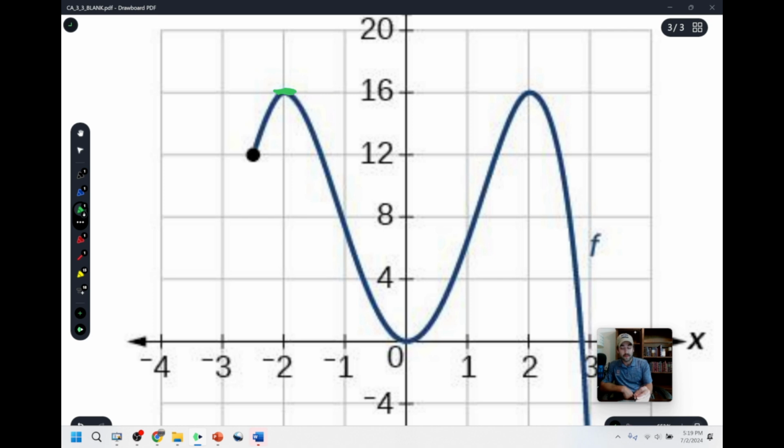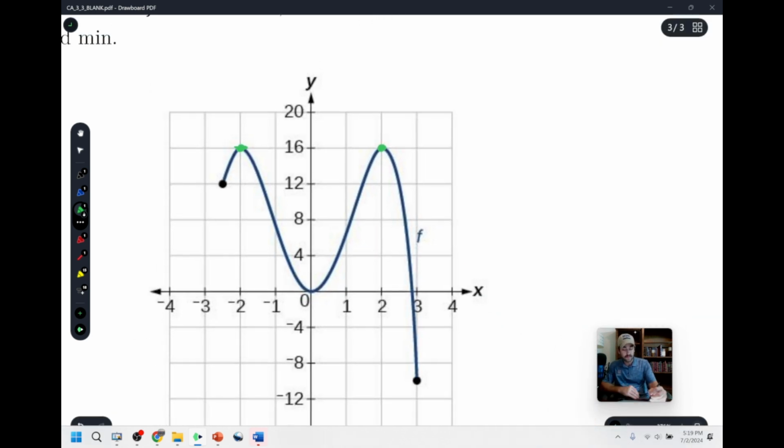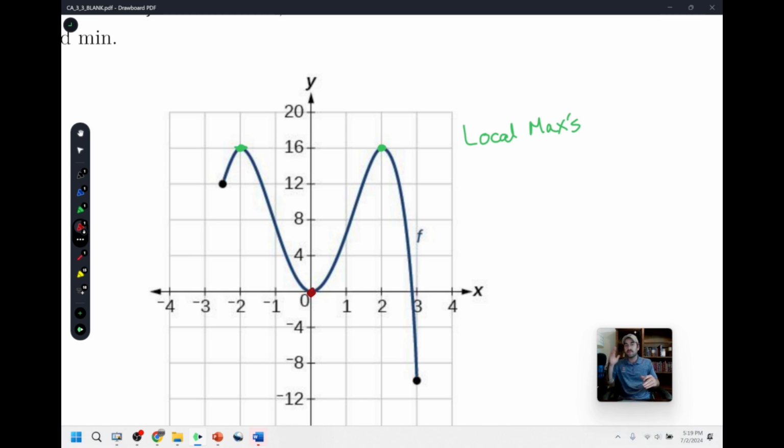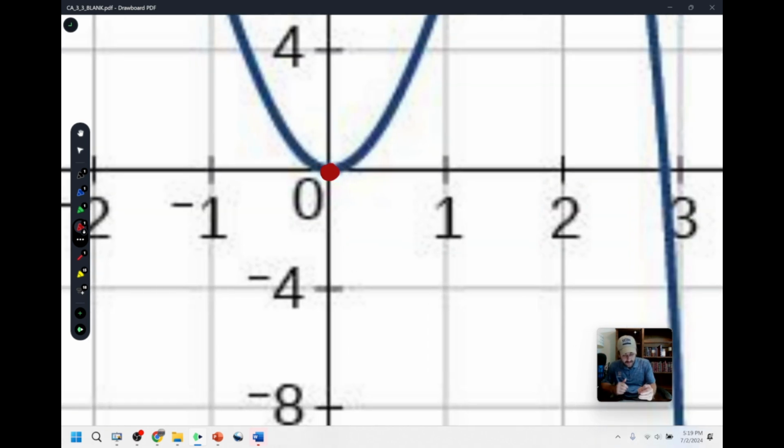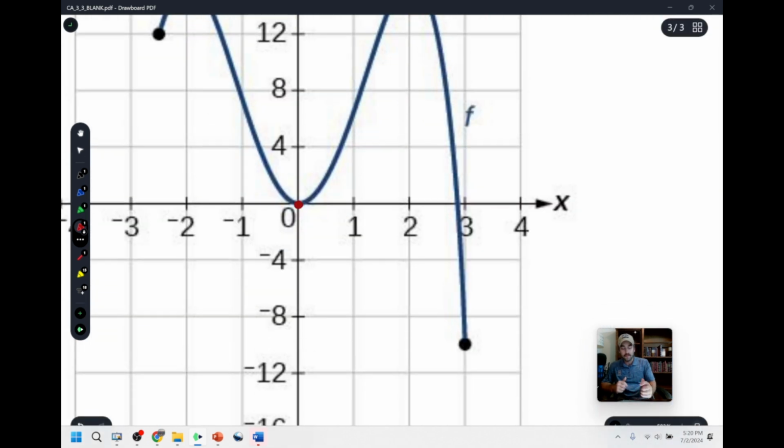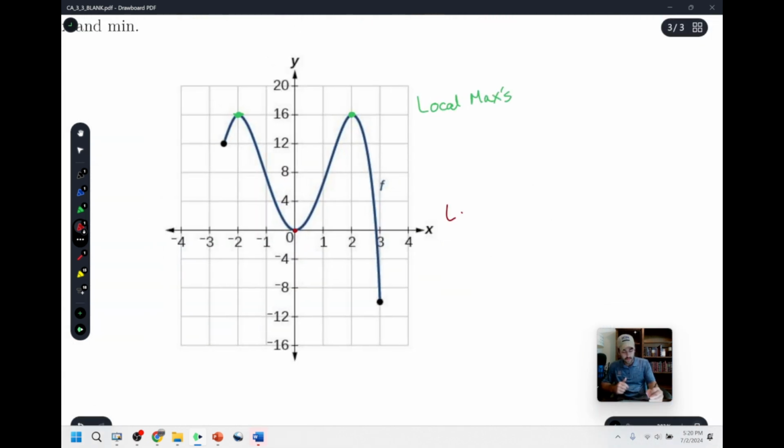So right there, we've got a local max and a local max, and we'll label those green things local maxes. And likewise, if we zoom in and find some interval on the left and the right where that becomes a minimum, we could zoom in right there and see, okay, that becomes a minimum on that interval. Then we have a local min.